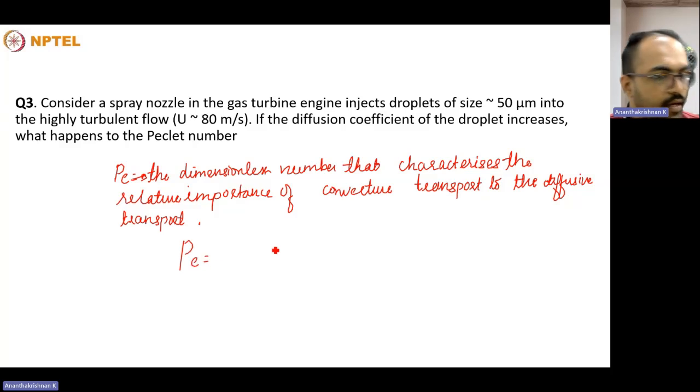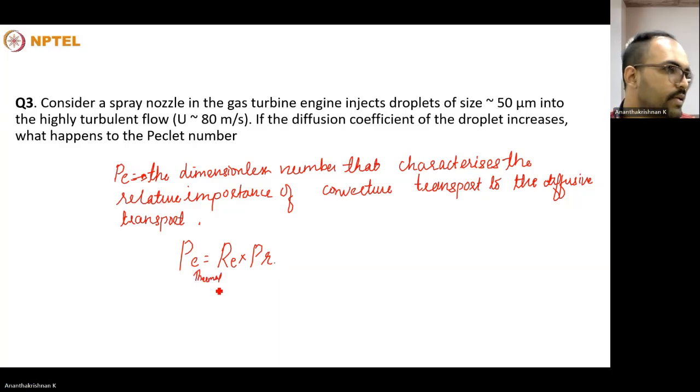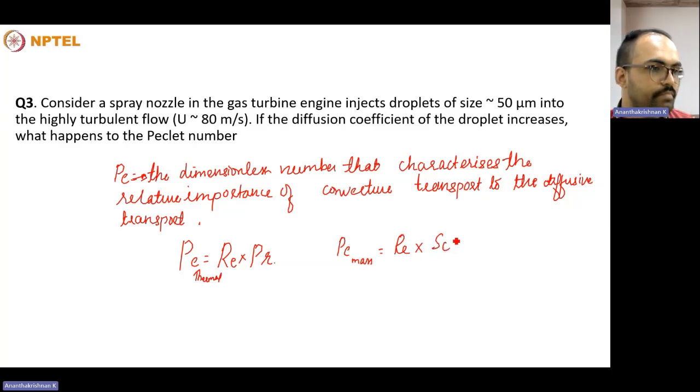Peclet number can be defined as the Reynolds number multiplied by the Prandtl number for the thermal case. Similarly, the Peclet number for the diffusion mass transfer case can be defined as the Reynolds number multiplied by the Schmidt number.